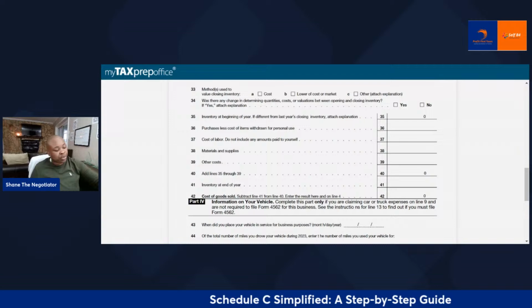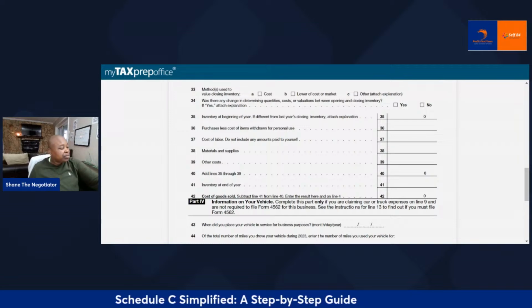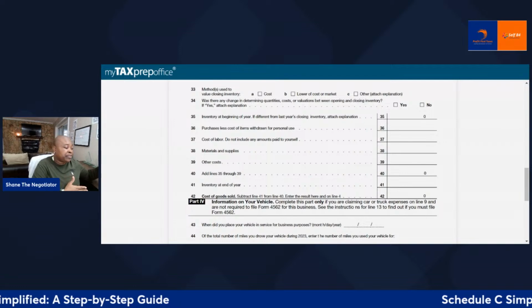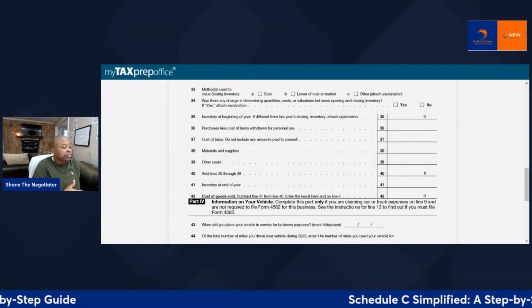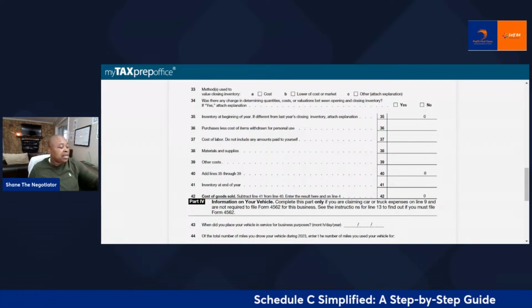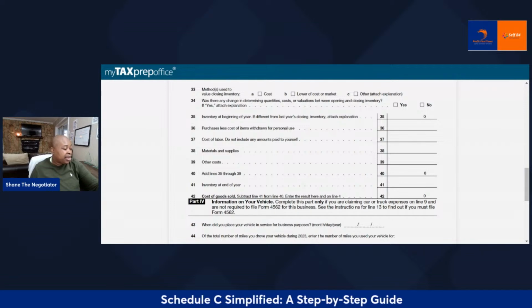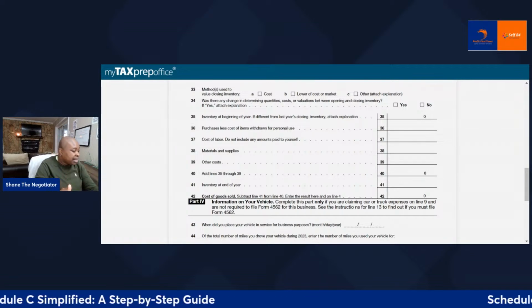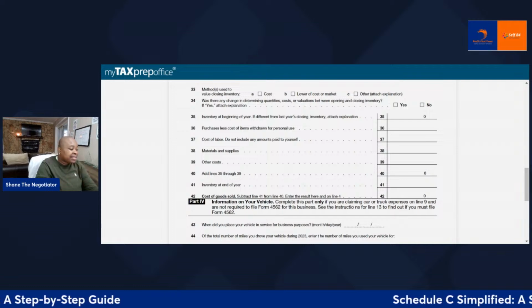So the 10,000 was what you ended the year with the year before. For this particular purpose, we say December 31st, 2022, and you put that amount. It was the end of that year, and then inventory at the beginning of the year would be that same exact number.